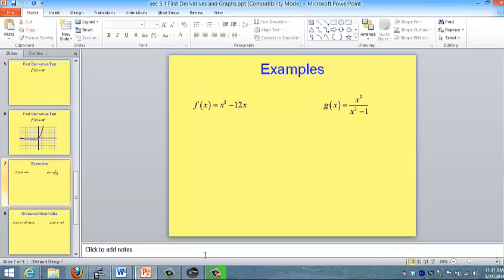And then the second function, so that's a rational function, I have g of x is x squared over x squared minus 1. So I'd like to do the first derivative test on both of these for you so you have a couple more examples to work with before you try it.